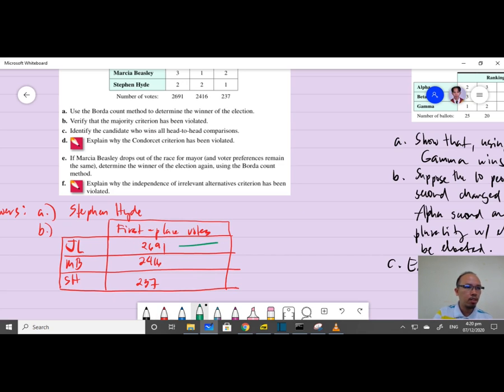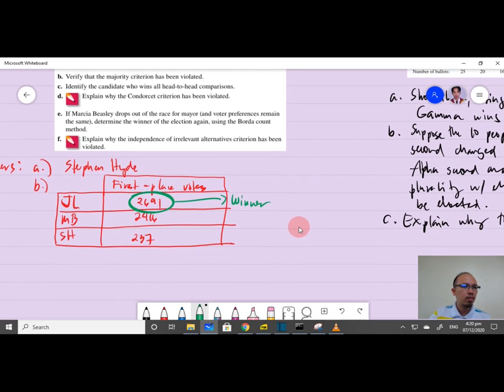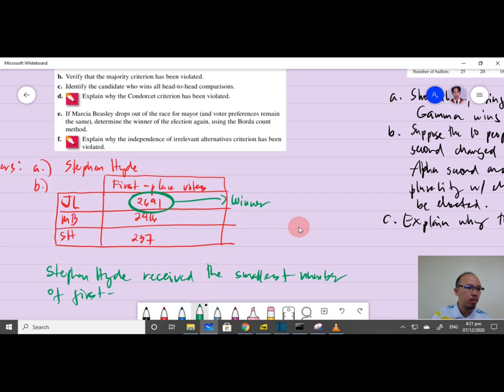Okay, so the reason for this is Stephen Hyde received the smallest number of first place votes.